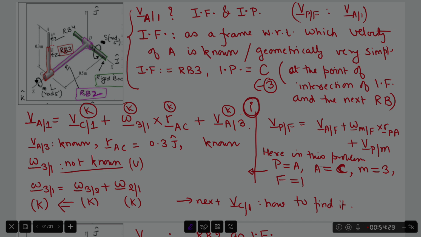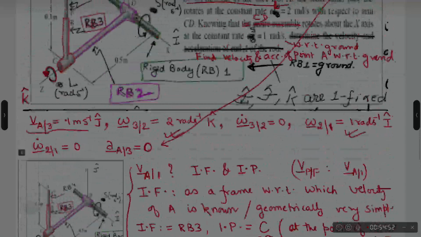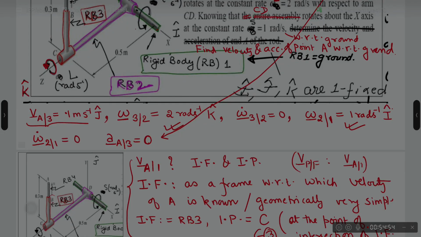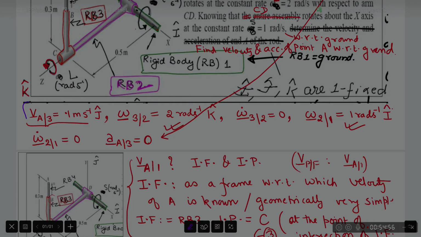Indeed, it is possible. The way I am going to find omega 3 1 is invoking this relationship: omega 3 1 equals omega 3 2 plus omega 2 1. And now pay attention to this. Omega 2 1 and omega 3 2, these quantities are indeed known from our table that we created here.